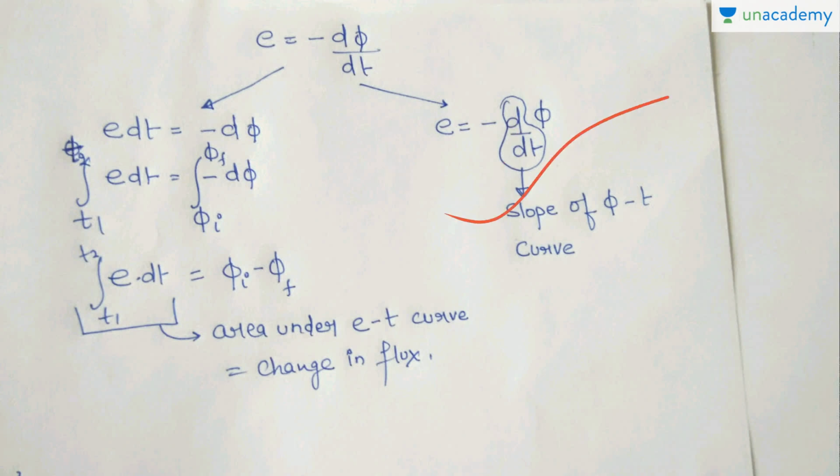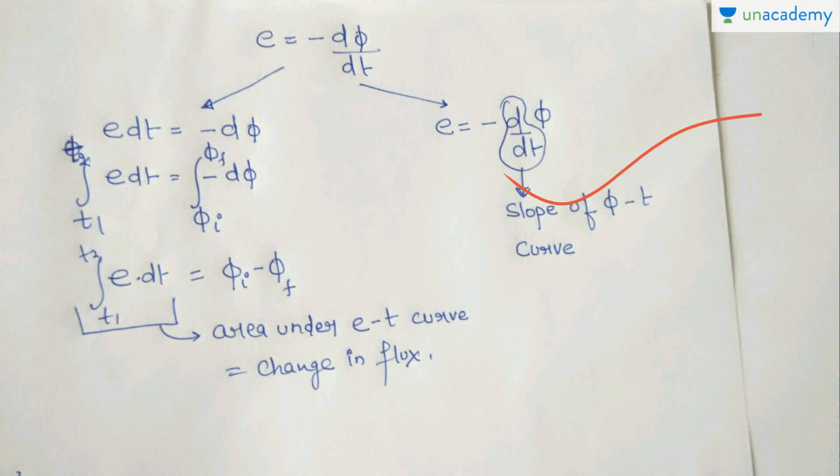So this is very important. Whenever you have the graph of flux versus time, go to any point wherever the question asks, and the slope at this point will give you the induced EMF at that point linked with the coil whose flux versus time graph is given.